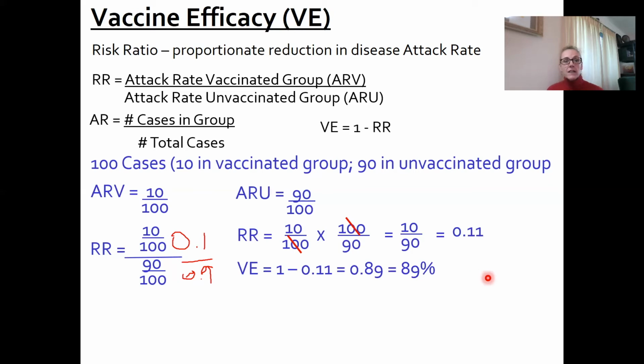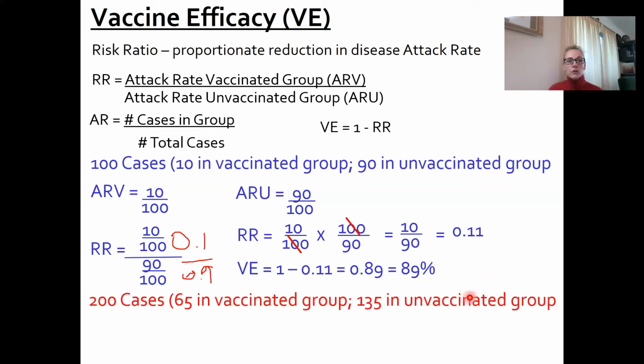So let's imagine a year later or 6 months later, we look into the group again and we have 200 additional cases. This time 65 in the vaccinated group and 135 in the unvaccinated group. So let's do our calculations. Our risk ratio now would be 75 over 225, 65 plus 10, divided by 135 plus 90, equals 0.33.